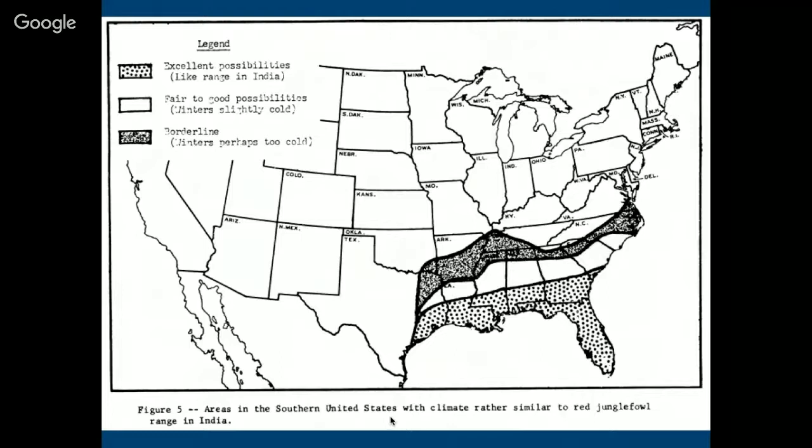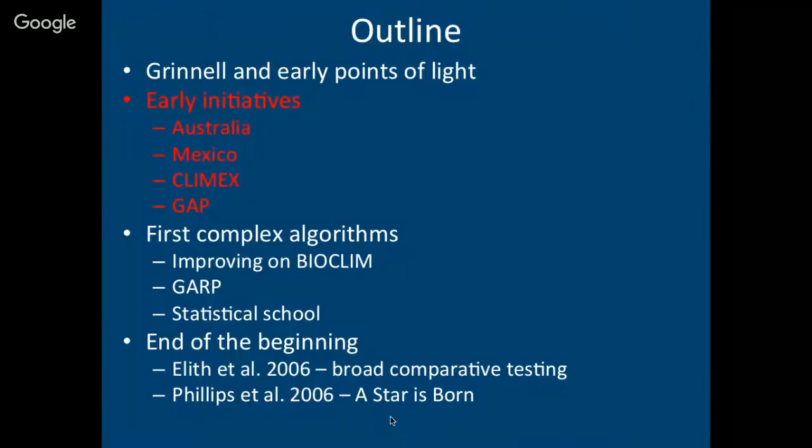So maybe that is a biotic effect creeping into the niche requirements. Okay, so that's a quick and spotty view of essentially the first half century of the idea of niche and niche models.